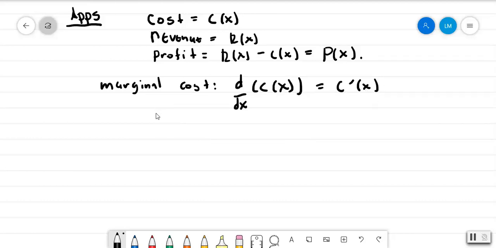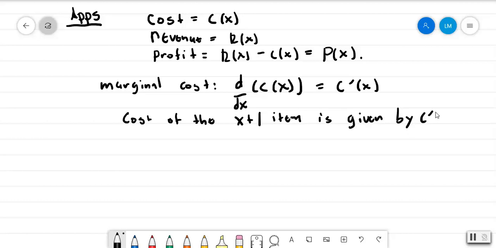What that tells you is that the cost of the x plus 1 item is given by C prime of x. So if you're looking for the cost of the 22nd item, you'd be looking at the 21st on the derivative and letting that show you.